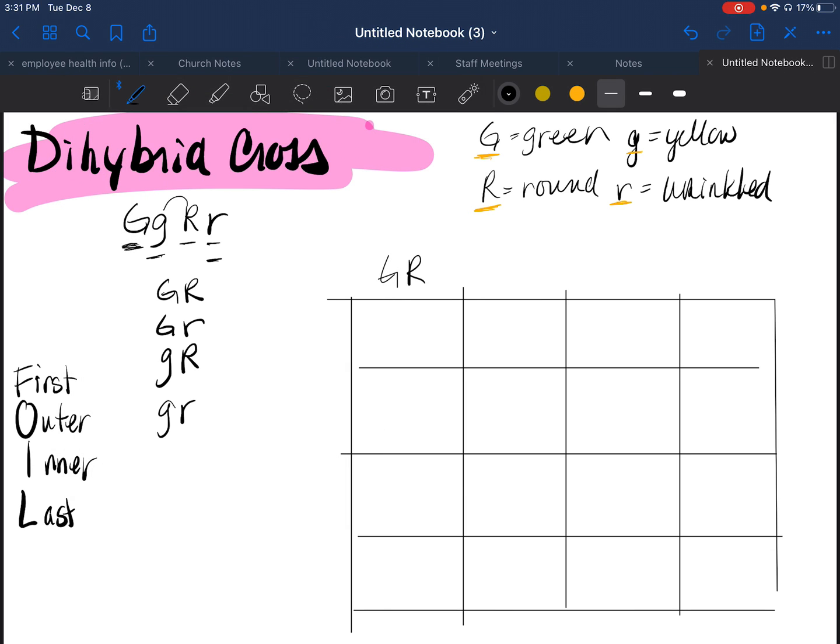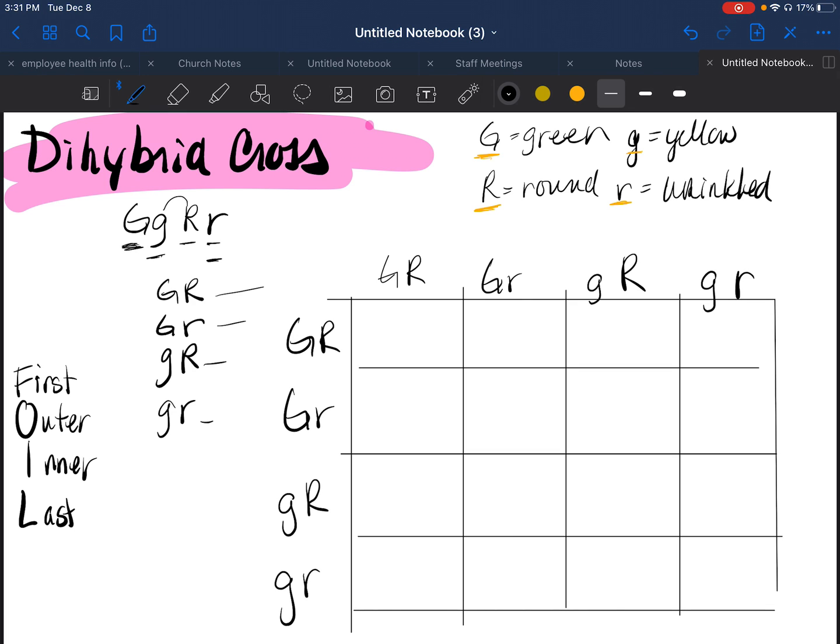Big G, big R, big G, little r, little g, big R, little g, little r. And then because our parents are the same, we're going to do the same thing down the side as well. But obviously, if your parent was different, then you would put the other genotype there.